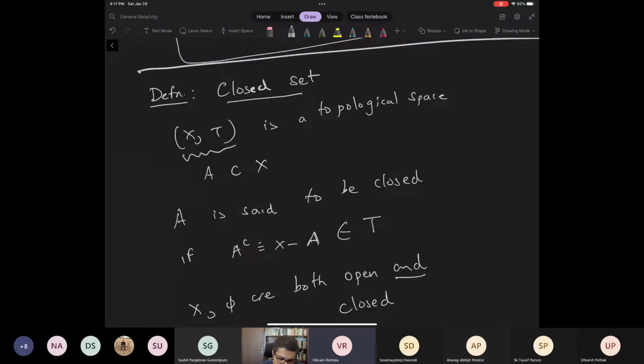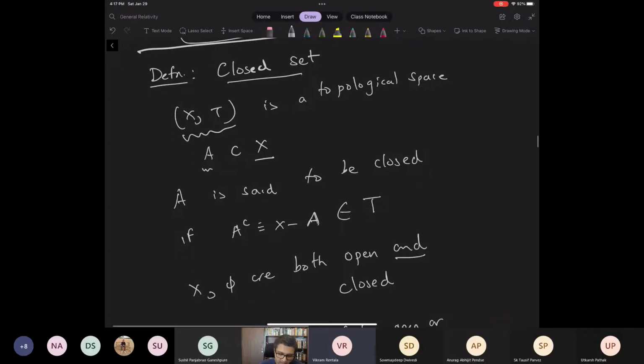So let's suppose (X, T) is a topological space, and let's suppose A is some subset of X. Then we say that this subset A of X is a closed set if the complement of A, which is X with the elements of A removed, belongs to the topology T, where T is this collection of open sets.